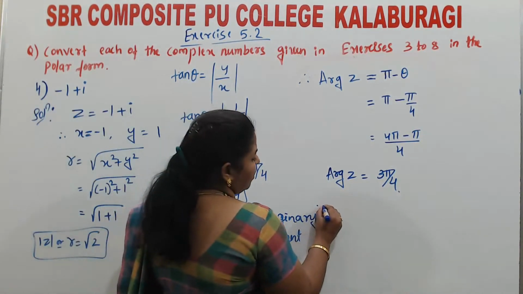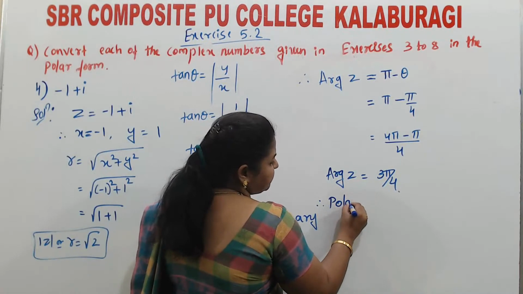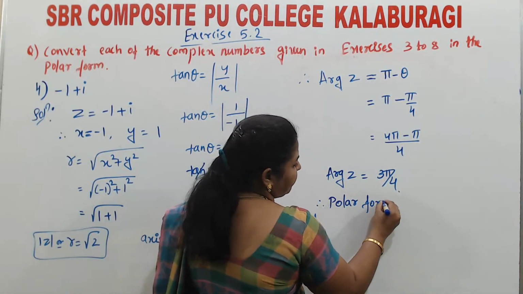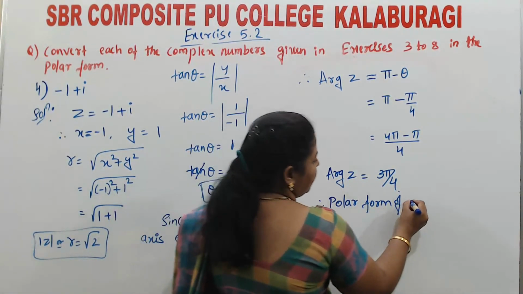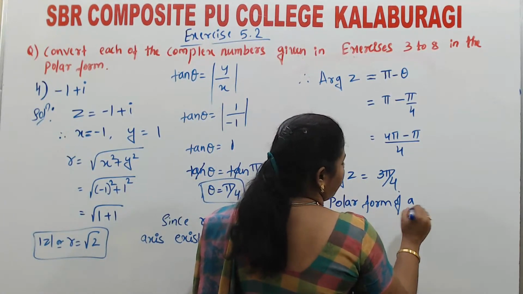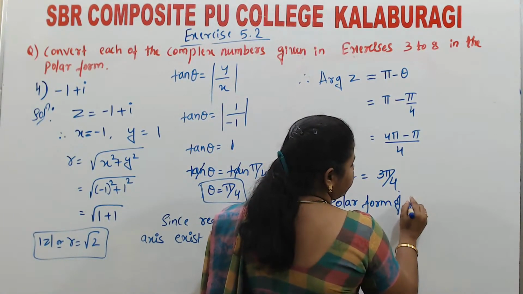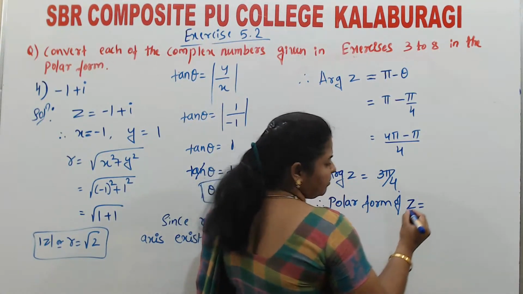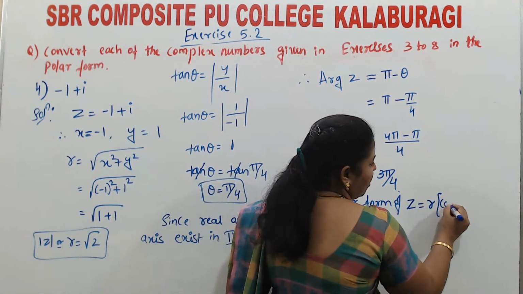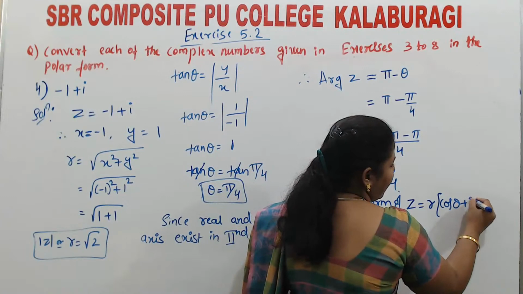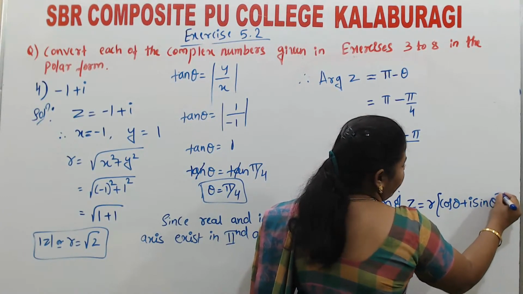Therefore, the polar form of z is r times cos theta plus i sin theta, right?